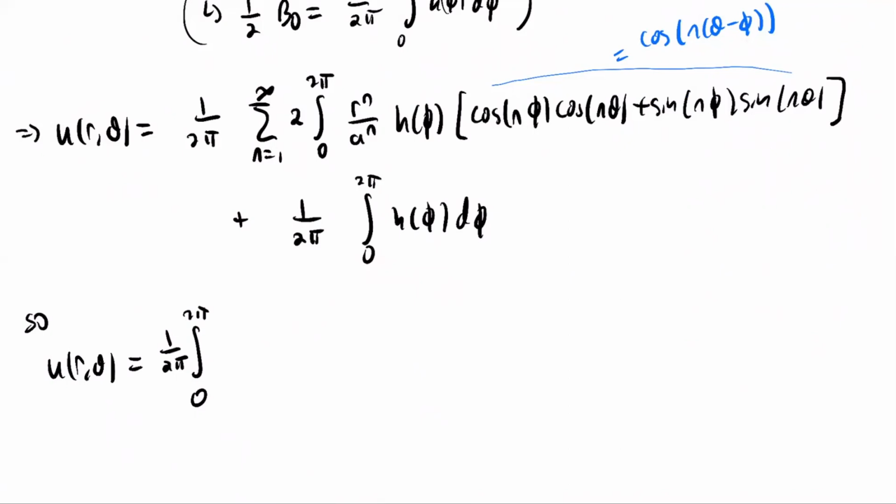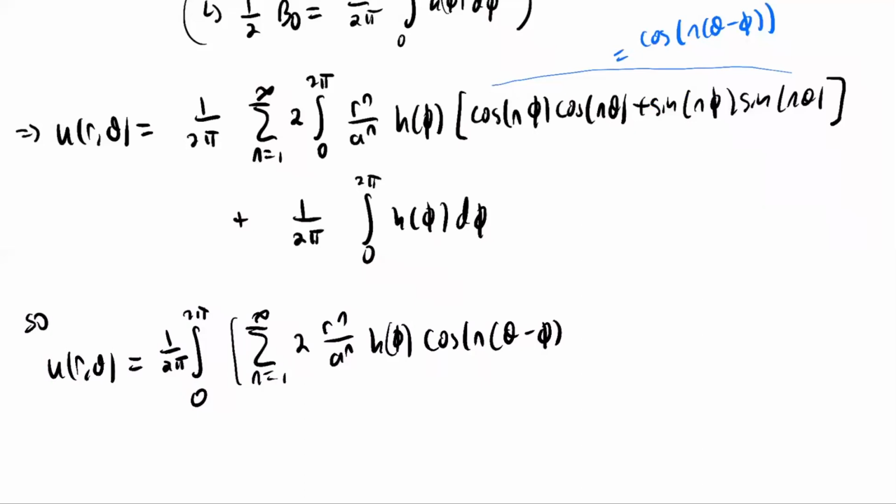And then I have 2 times, or sorry, I have the sum from n equals 1 to infinity of 2 times r to the n over a to the n h of phi cosine of n times theta minus phi. Right, so this is my infinite sum, and then I have plus h of phi d phi.